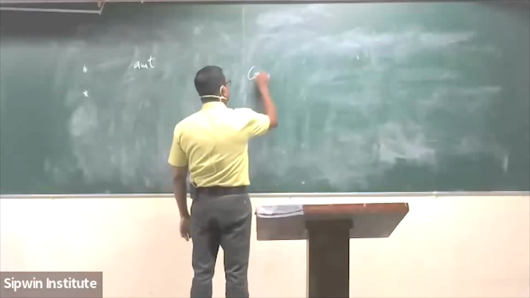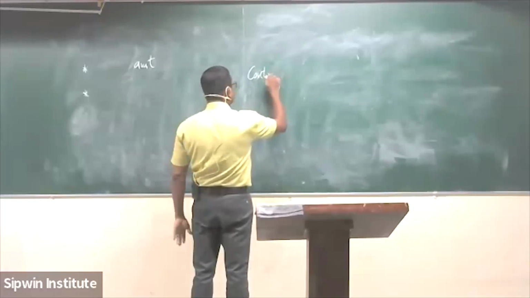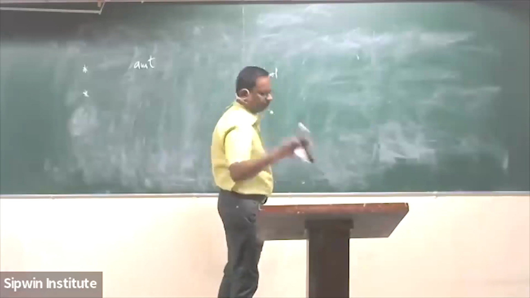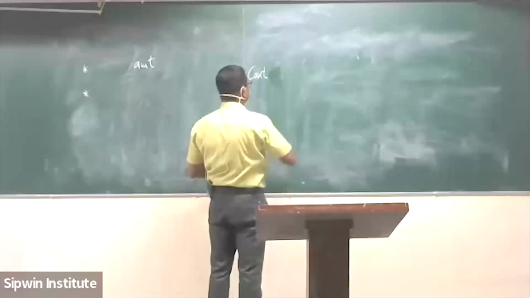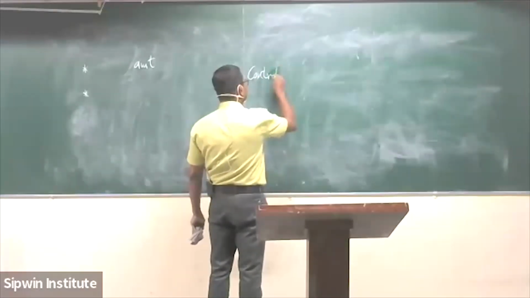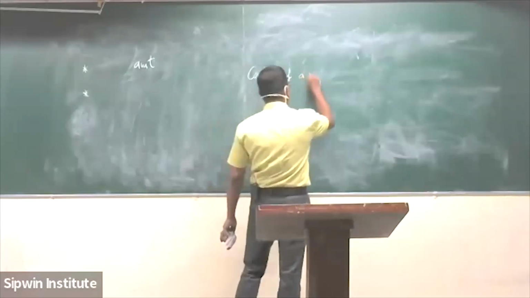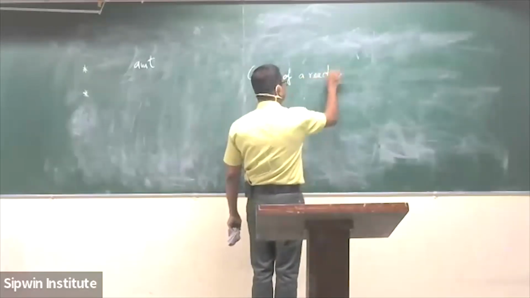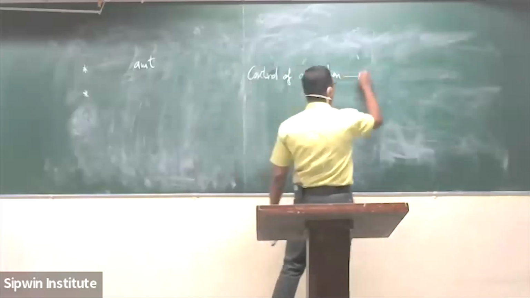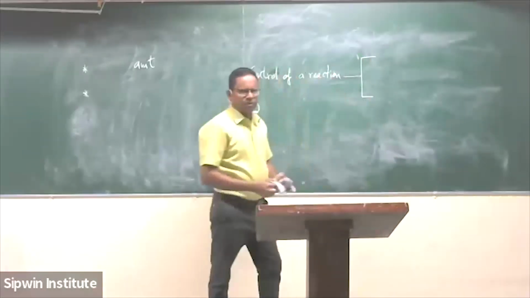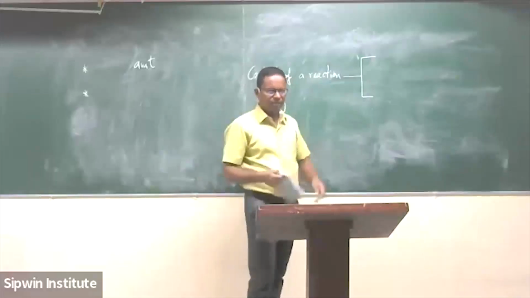Therefore, control of a reaction, below those 2 points, control of a reaction. We have to consider 2 categories, right?